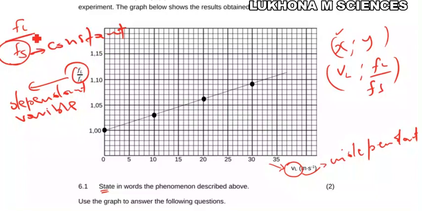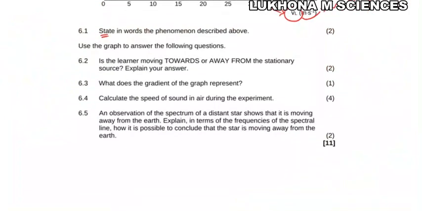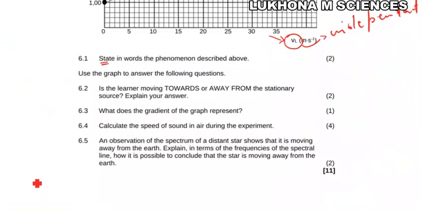So this one is changing, and in this case it is increasing because the ratio is increasing. So this one is increasing while this one is constant. So if the sound received by the listener, or FL, is increasing, FL is increasing.